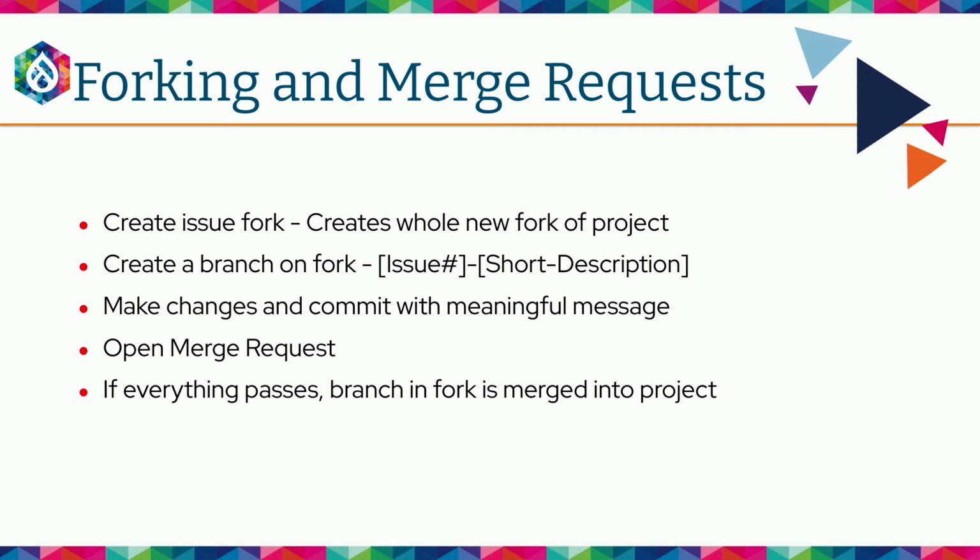So you might make a CSS change on that branch that fixes that, and then you would open a merge request where you take that committed change and you say, please, can this go back into the main project? And that allows people to then review that change and maybe make another change on top of that, and then approve it and then get it merged in.